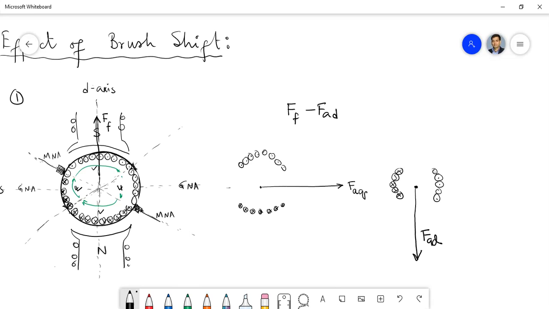But if there is no brush shift, then what could happen? There will be only the FAQ, no FAD. Are you getting this?